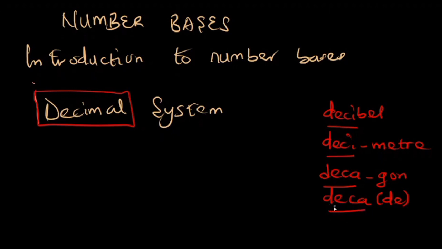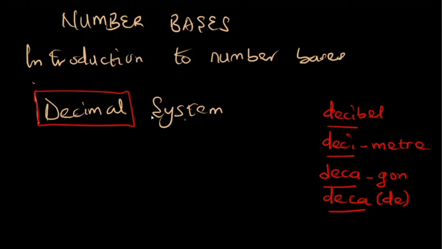A decade indicates 10 years, a decagon indicates a polygon that has 10 sides, a decimeter is 1/10 of a meter. That is why in our metric table we say 10 decimeters make 1 meter. The decibel is also 1/10 of a bel.